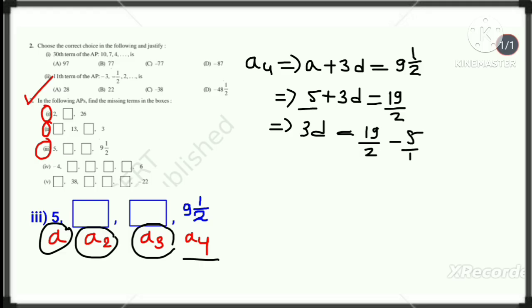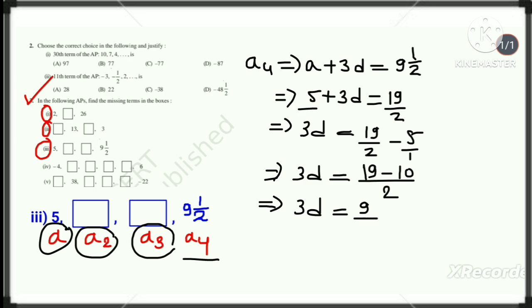Now let's assume here 1. 3d equal to, and the LCM of the denominators will be 2. 2 ones are 2, and 1 should be multiplied with 19 to obtain 19 itself, minus, 1 twos are 2, and 2 should be multiplied with 5, and then we obtain 10. So 3d equal to 19 minus 10, 9 by 2.